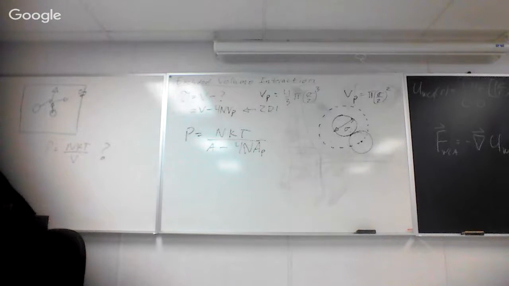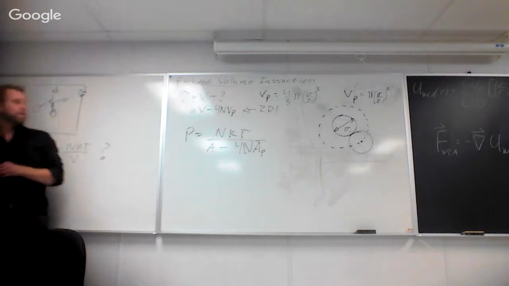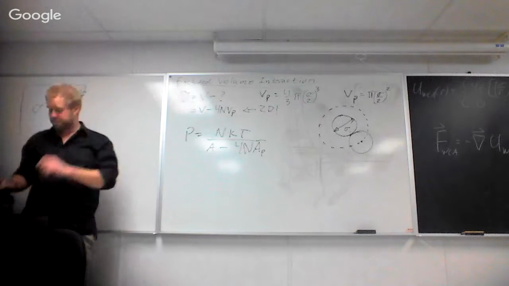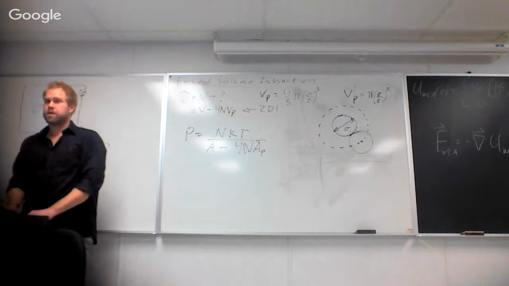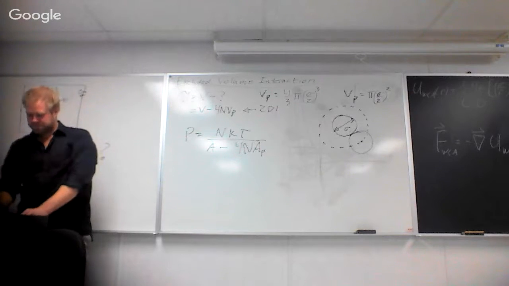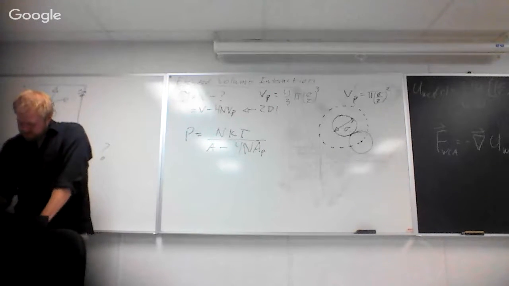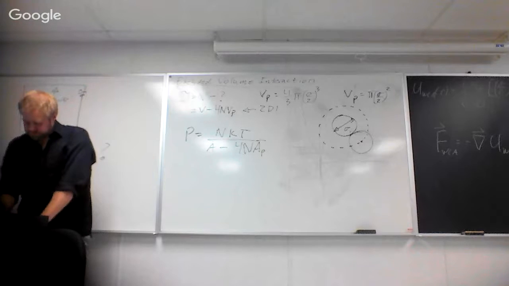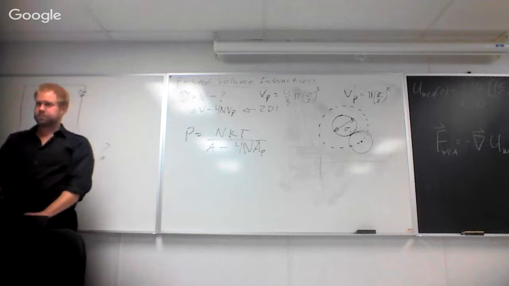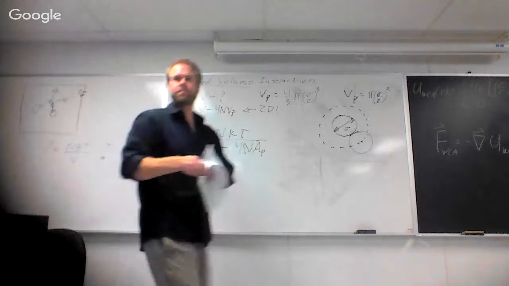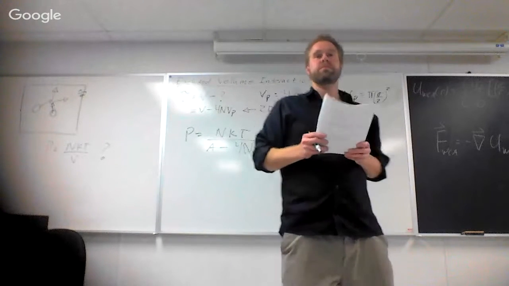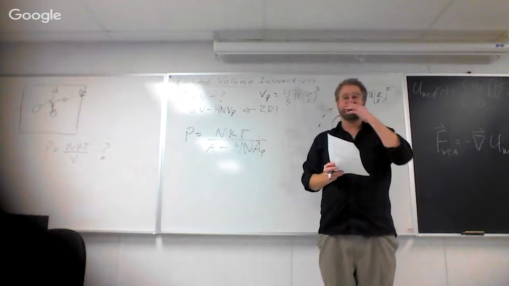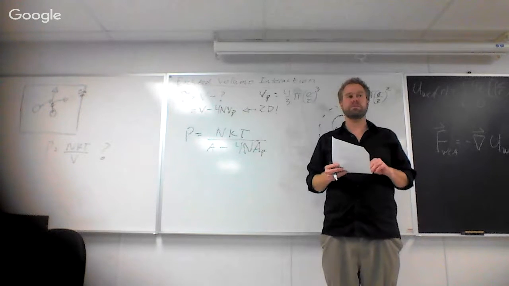What's A and what's AP? A is the total area, because we're in 2D, and then AP is the area of the particle.